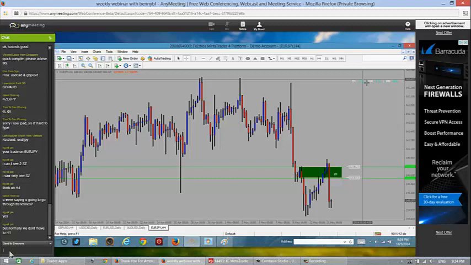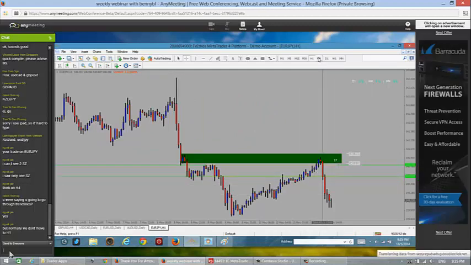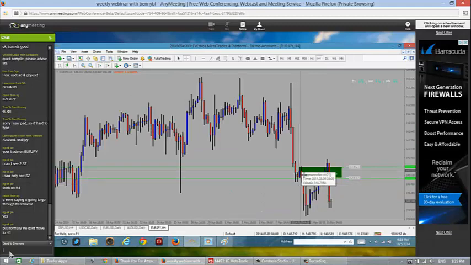Same thing there: when we consider monthly and daily and bypass the weekly, it doesn't mean the weekly supply is not there. It is there. And when we talk about not looking at the 1 hour, yes, it is a very low time frame. But at times you see there's something there.